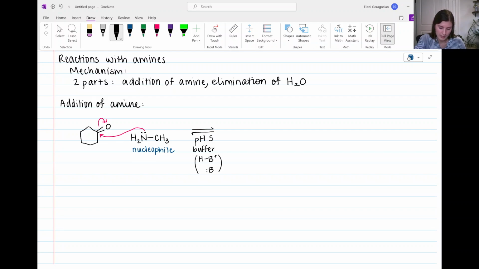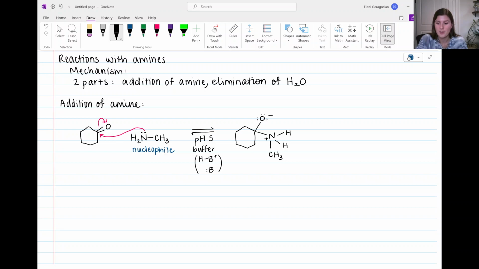Okay, so we've added the nucleophile, the amine, to the carbonyl carbon. The carbonyl oxygen now has a negative charge. Our nitrogen is still bonded to 2 hydrogens and the CH3 group. So nitrogen has 4 bonds here. It's got a positive charge. Now in this molecule, we have an oxygen with a negative charge that would be neutralized with a proton.